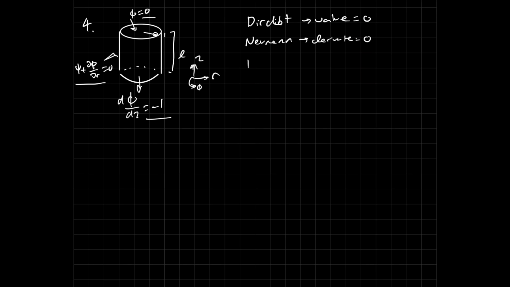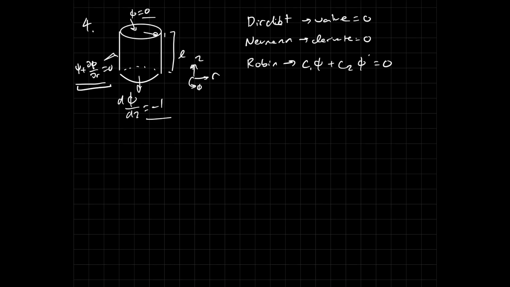Well, there's actually one more, which is the Robin, which is going to be something like C1 times theta, or phi, plus C2 times phi equals 0. So over here we actually run into this case. And this is what we'll be trying to solve for.